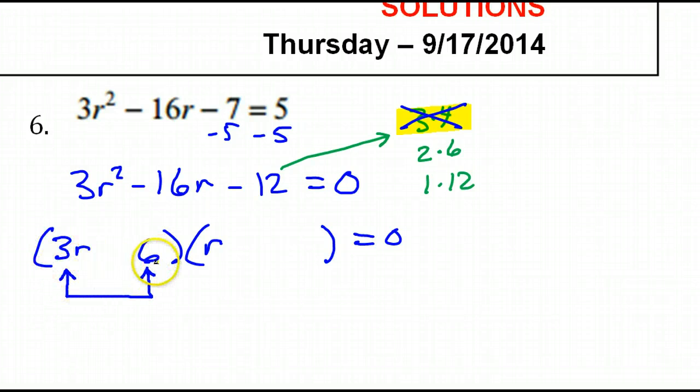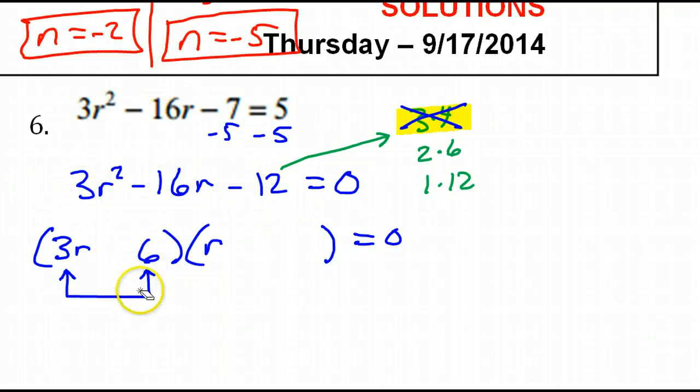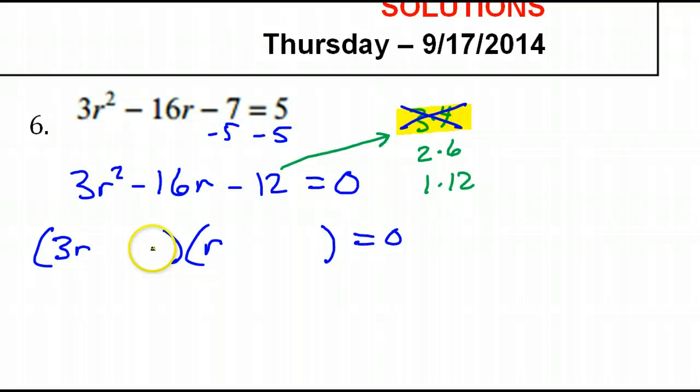Both of these are divisible by 3. If the original problem does not have a common factor, you should not have a common factor inside the parentheses either. So I would not waste my time even trying the 6 here. So I'm only going to try the 2 and the 6 option. If this doesn't work, I'm going to throw it out and go with 1 times 12.